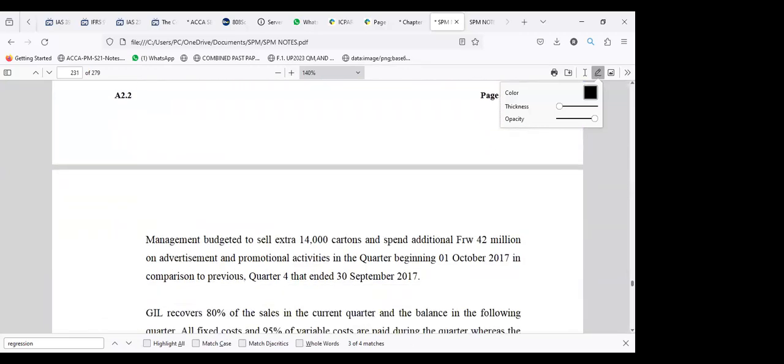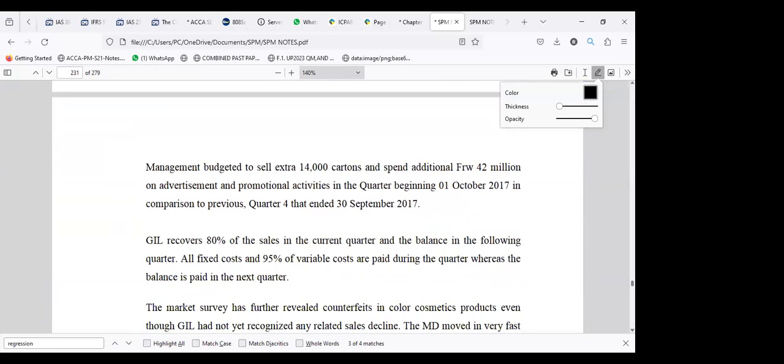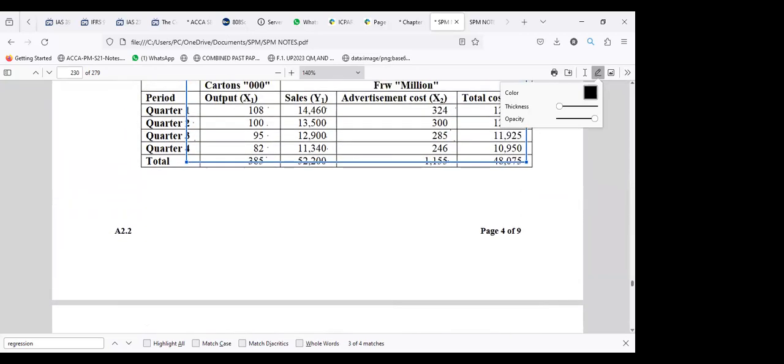Because the other costs are pre-existing, management budget to sell extra 14,000 cartons and spend additional 42 million on advertising and promotion activities in Q1 beginning 1st of October 2017 in comparison to the previous quarter 4 that ended on 30th of September 2017.